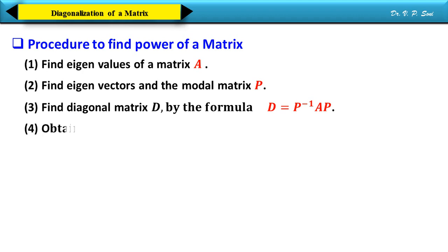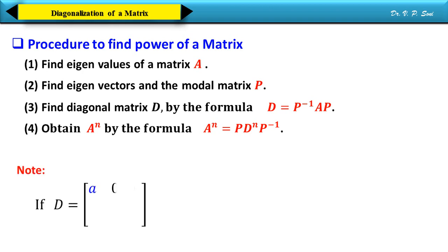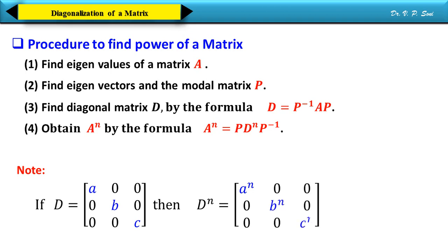Obtain A raised to n by the formula A raised to n equal to P D raised to n P inverse. Note that if D is a diagonal matrix (a, b, c), then D raised to n is the diagonal matrix (a raised to n, b raised to n, c raised to n).